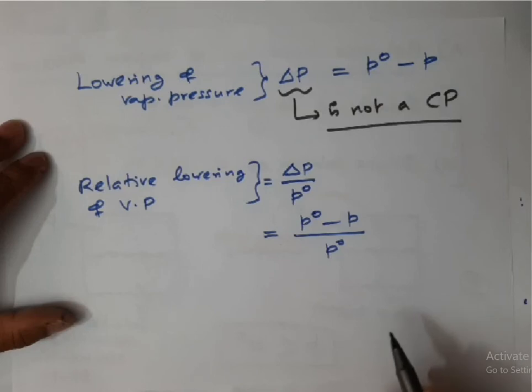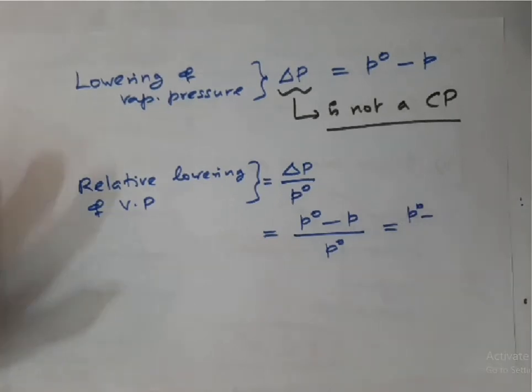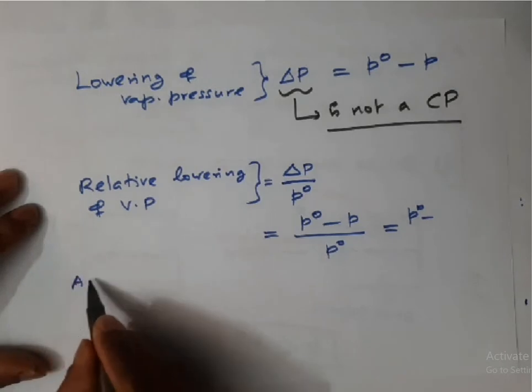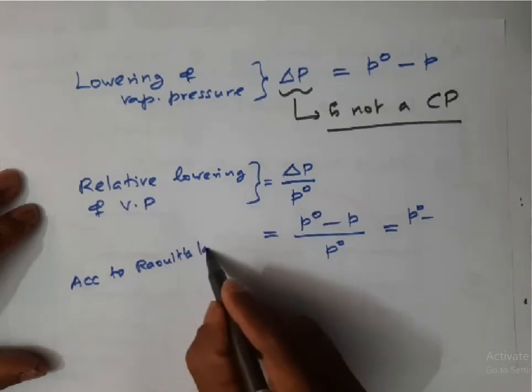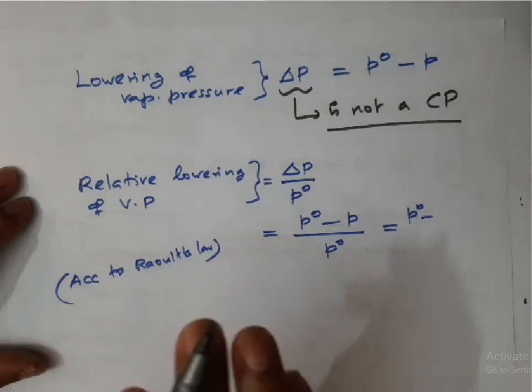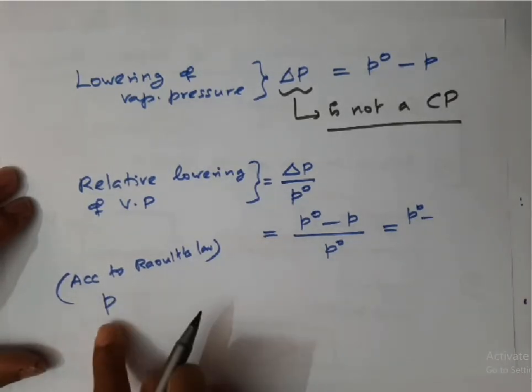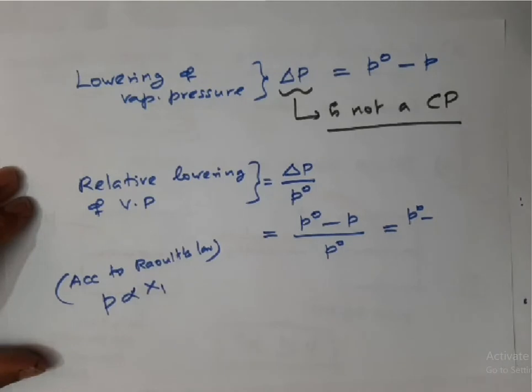And we also know that I'll keep this P naught as such. What is P, students? What is P here? Vapor pressure of solution, right? According to Raoult's law, we have already stated this: for a solution containing non-volatile solute, vapor pressure of the solution is directly proportional to the mole fraction of solvent present in the solution.